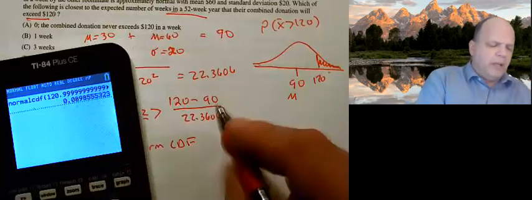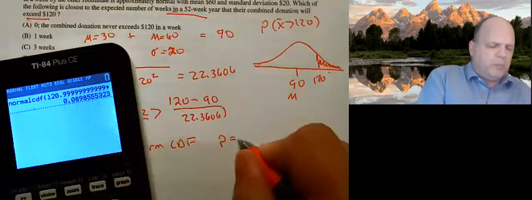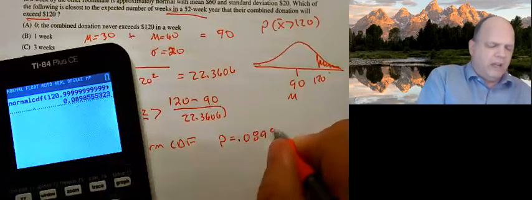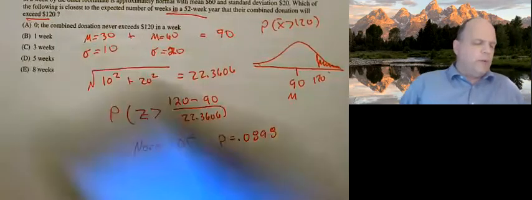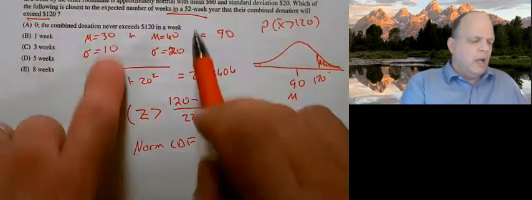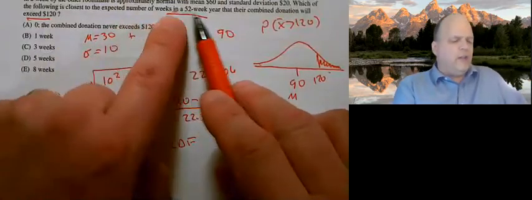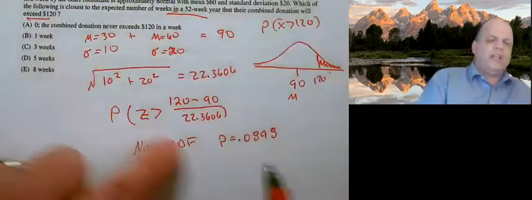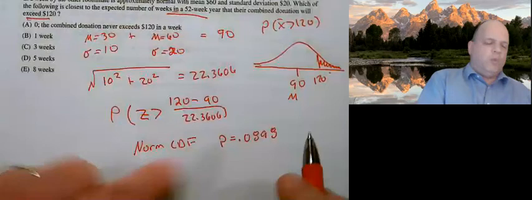I get a probability, and my probability is 0.0898. They didn't ask me for the probability. They said, in a 52-week year, what is the expected number of weeks the combined donation will exceed that? Well, this is the probability that it will.